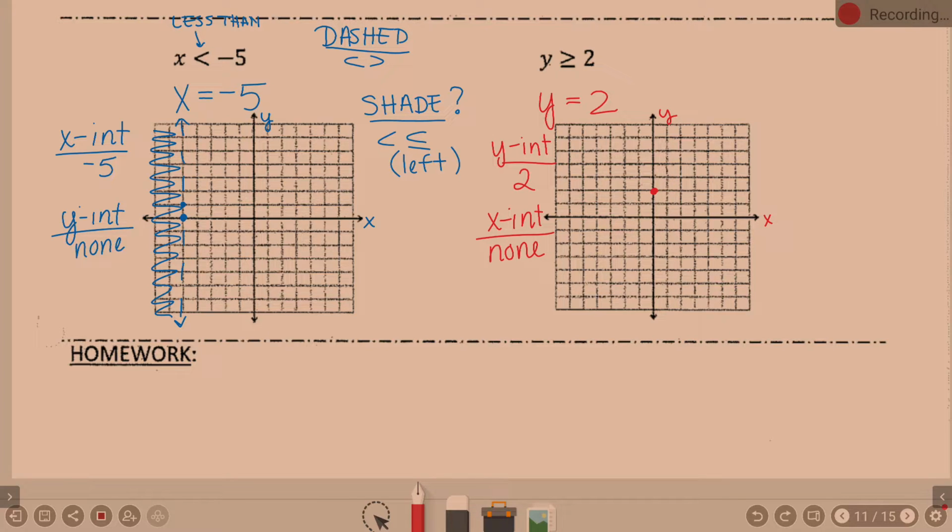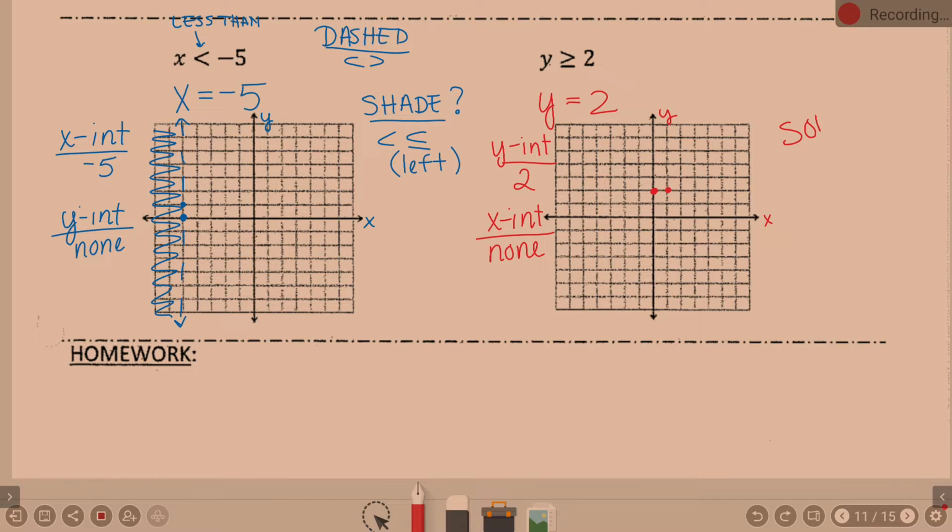If I'm going through y equals 2 and there's no x-intercept, what does my line have to do? If I go up and down, I'm going to cross the x-axis. So this one is going to go horizontal, because we do not want to touch the x-axis since there's no x in the problem.